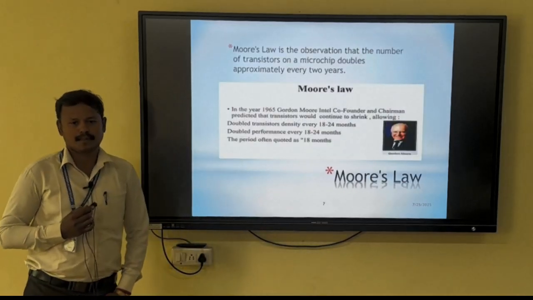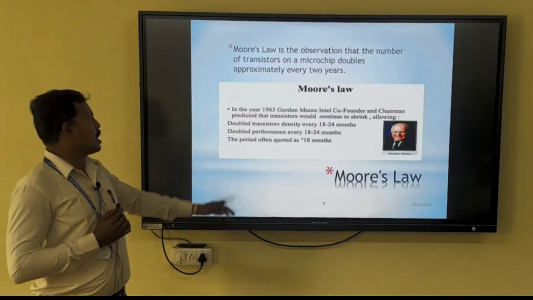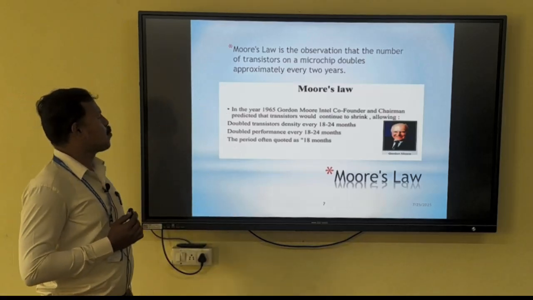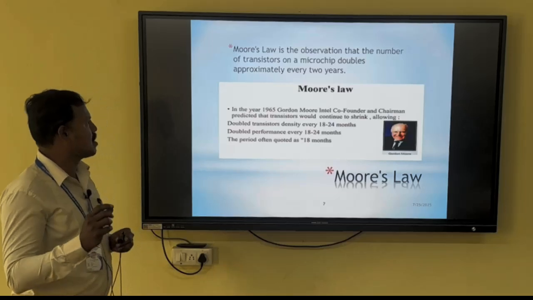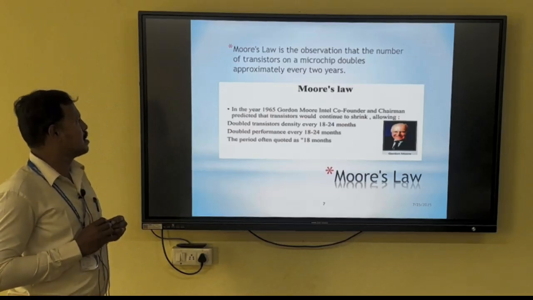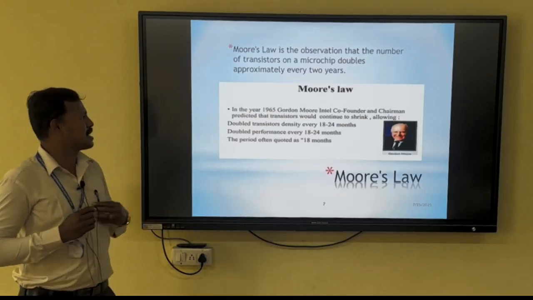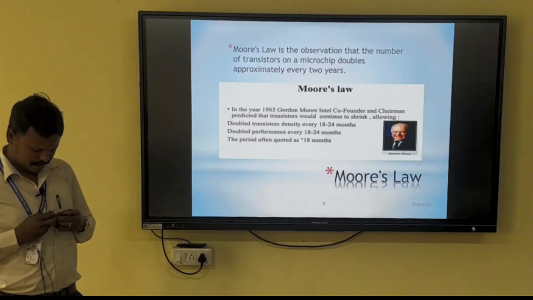Moore's law. Moore's law states that the number of transistors on a microchip doubles approximately every 2 years.